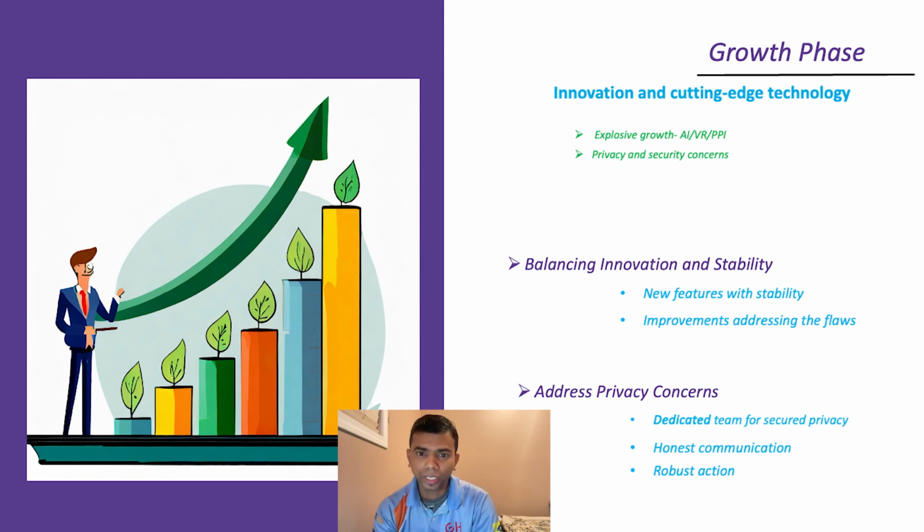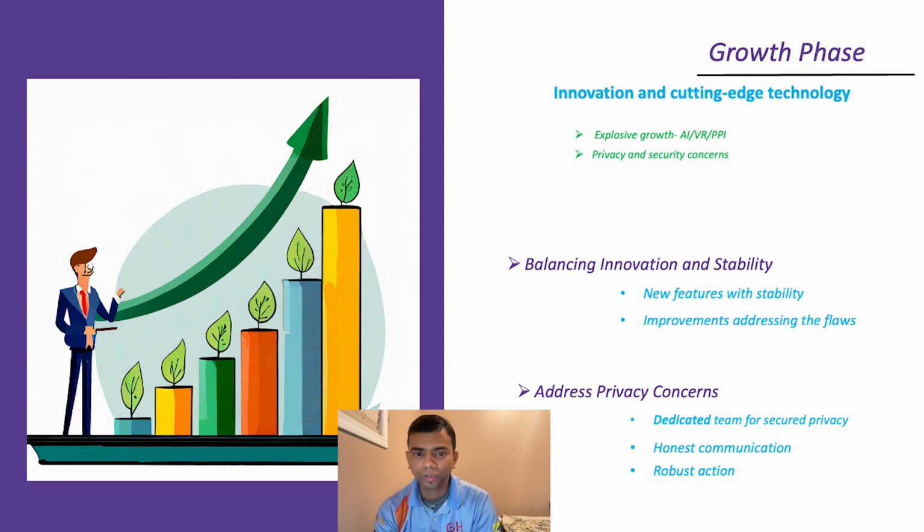While we were seeing rapid growth, at the same time there were a few instances of privacy and security concerns. So we had to balance innovation and stability, and at the same time check the privacy concerns.